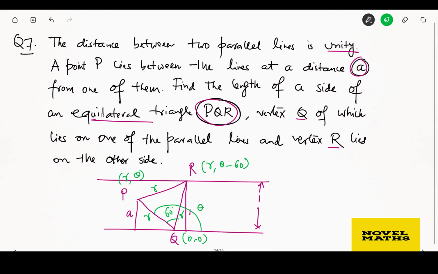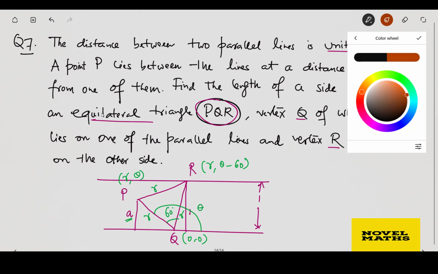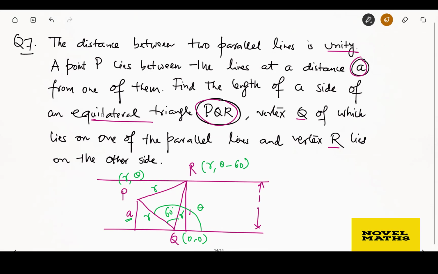Ultimately we need to find the radius in terms of the given information. Given is this point, A, so we need to find r in terms of A. Now we have these polar coordinates, so what should we do with them? We need to look for some other details, right? What details do we have? This is 1 and this is A. With basic trigonometry, if we see this triangle, this is theta, so this is 180 minus theta.